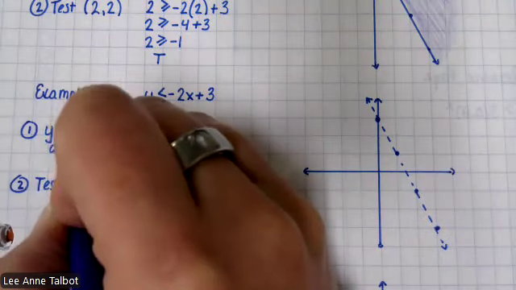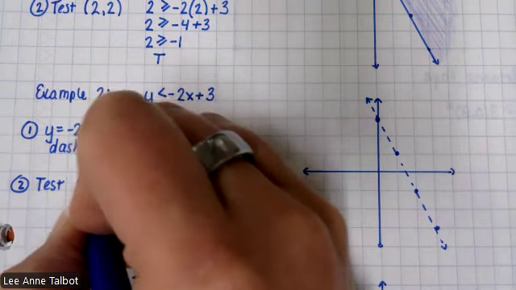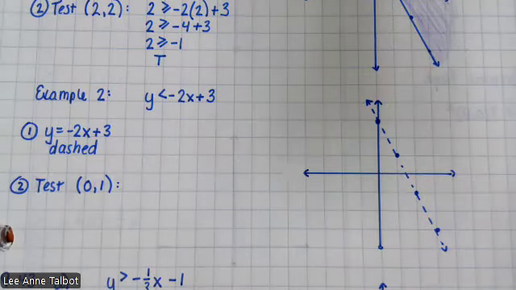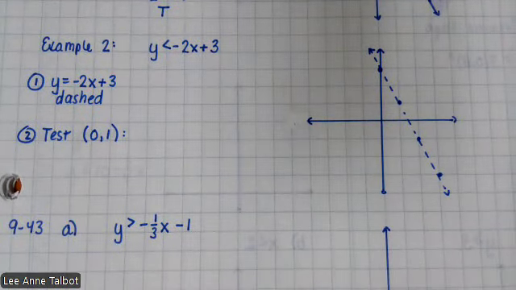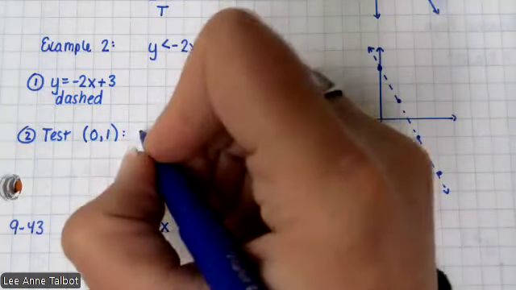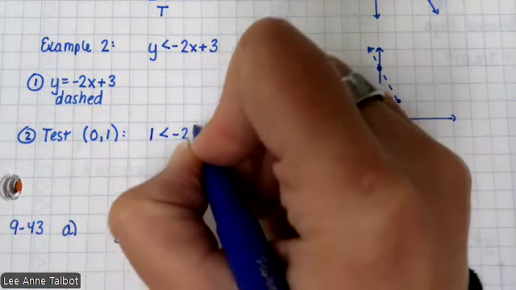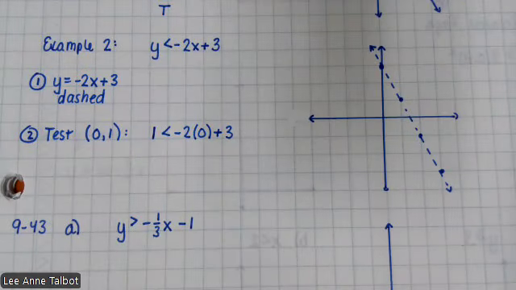Okay, so now we're going to do 0, 1, just for fun, test something different. You can test anything, just make sure it's not one of the points you already graphed. 1 is less than negative 2 times 0 plus 3.